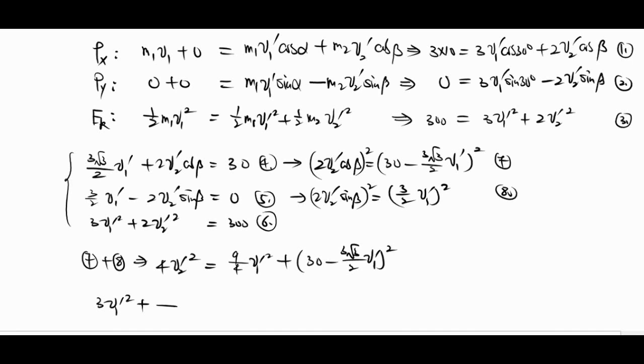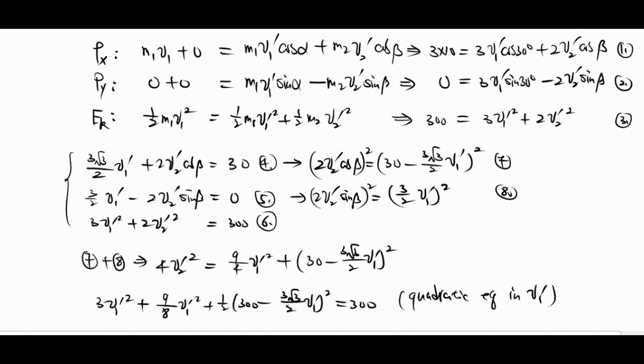So you get 9 over 8 V1 prime squared plus 1 over 2 times the bracket, 30 minus 3 root 3 V1 prime, squared, and then equal to 300. So then there's only one variable, V1 prime. It's a quadratic equation in V1 prime. You just take time, open brackets, collect like terms. If it's not factorable, use the quadratic formula to solve for V1 prime.